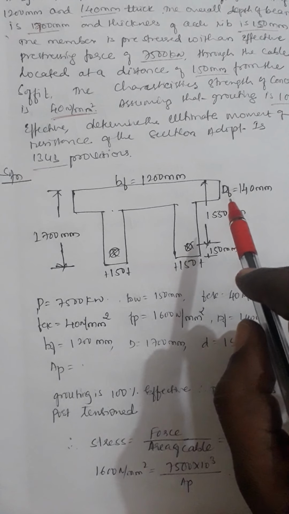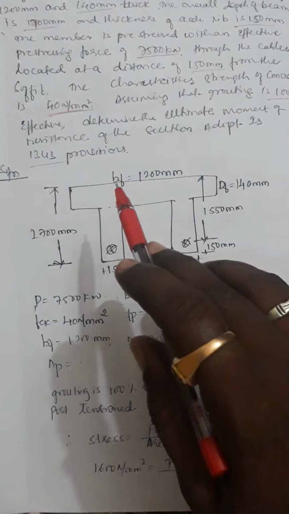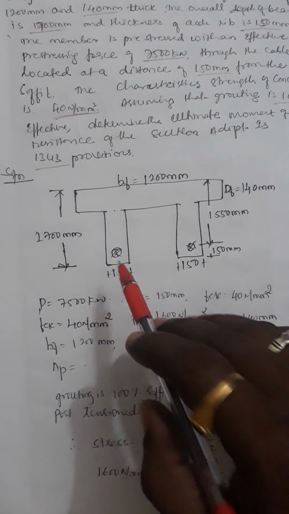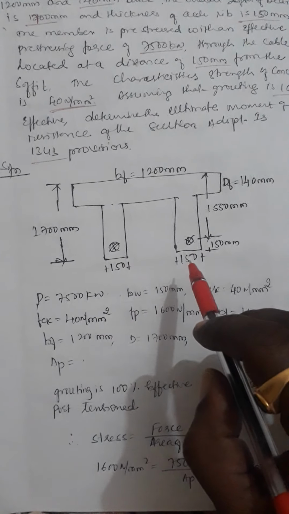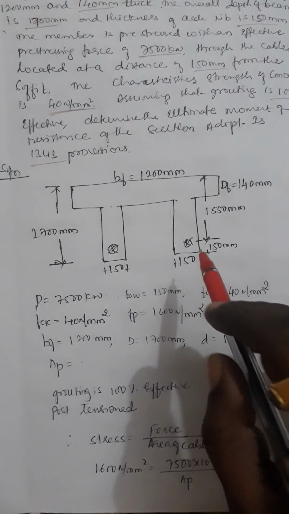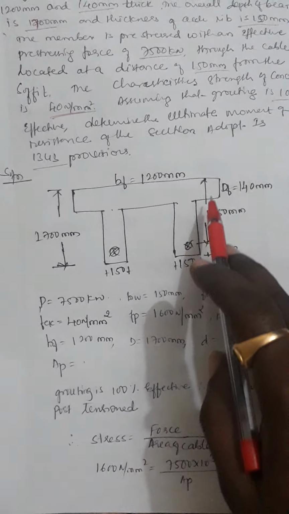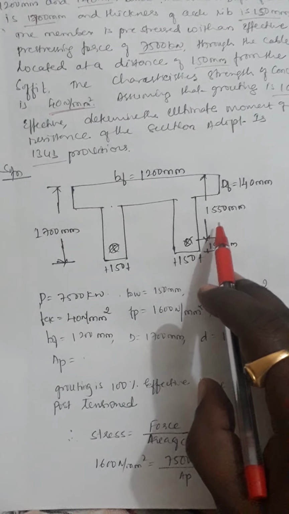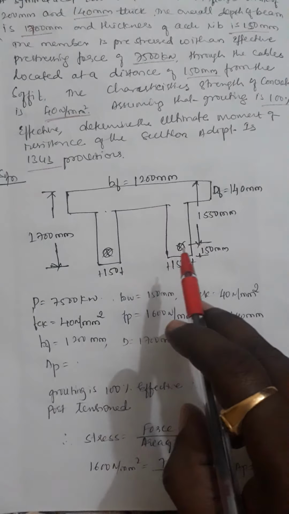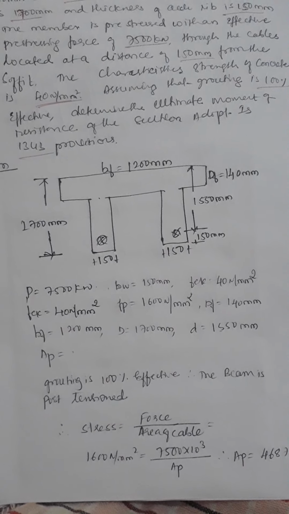Depth of the flange is 140 mm. Then width of the web is 150 mm for one T section, and for the other T section it is also 150 mm. Then effective depth is 1550 mm, from top to the center of the wire.